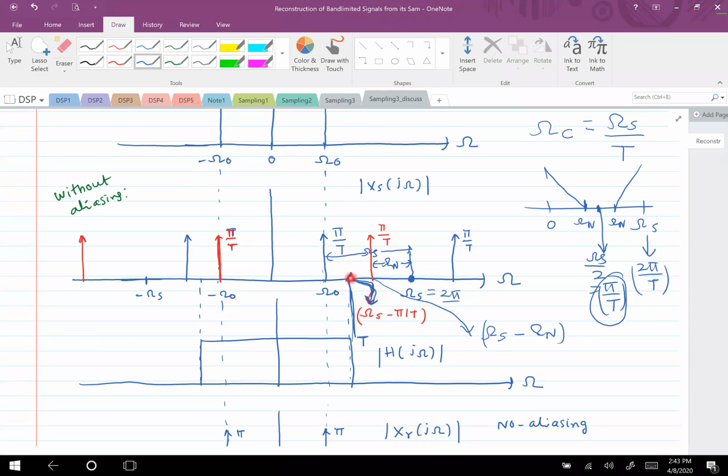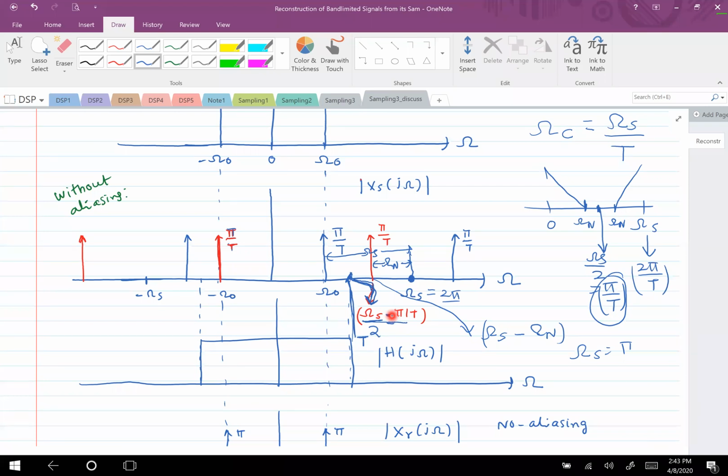But what would be the cutoff frequency? It will be equal to pi by T. I should have written it as omega s by 2. That's equal to pi by T here. Am I clear now? Yes, sir. Okay, good.